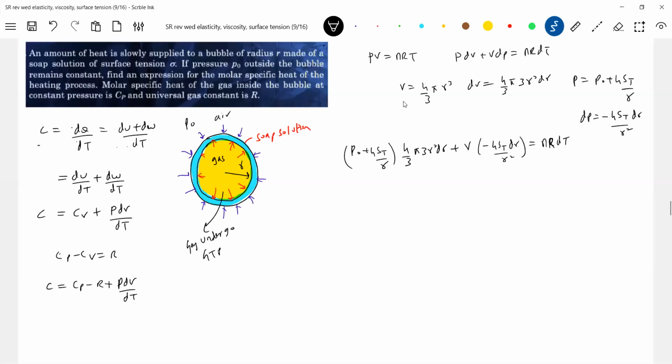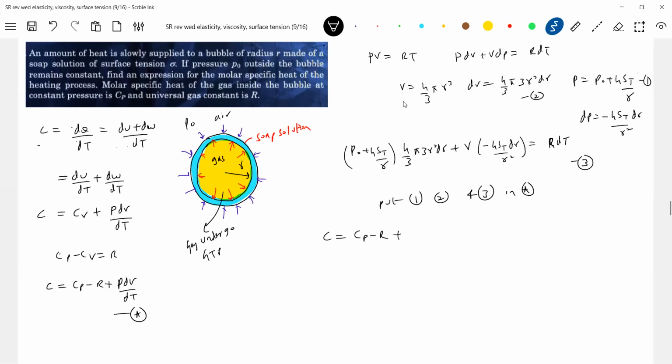Now number of moles, I'll make it 1 everywhere. Substitute the dT value there and substitute P dV once again here. So I have 1, 2, 3 and this is the equation. Put 1, 2 and 3 in A.